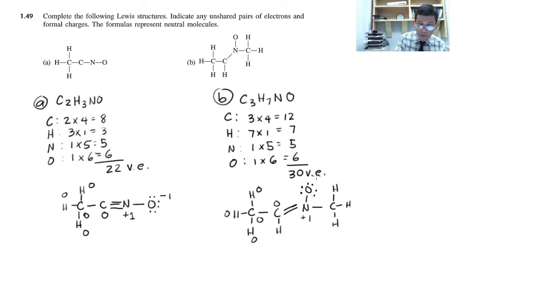Around it we have 7 electrons. So 6 minus 7 is negative 1. And that carbon has a formal charge of 0. So negative 1 on oxygen, positive 1 on nitrogen, and overall we have a net charge of 0, and that makes our molecule neutral.